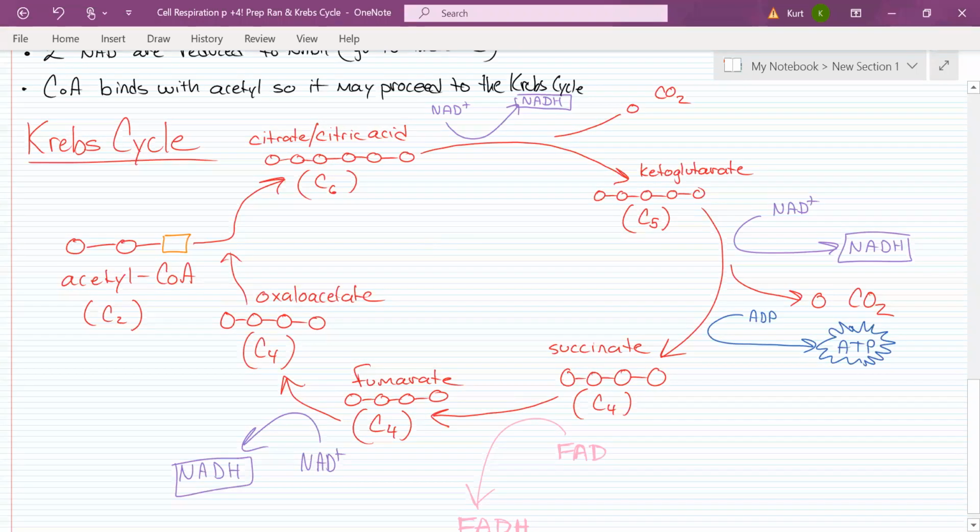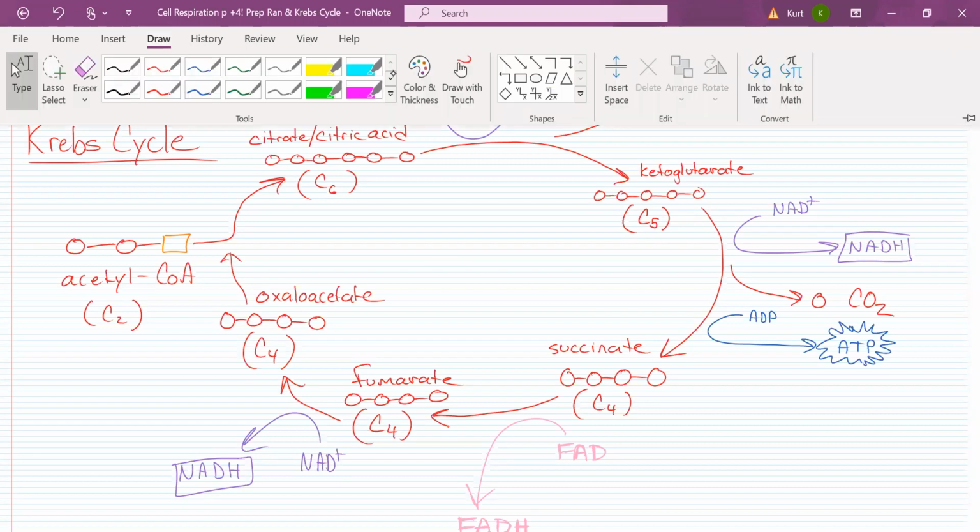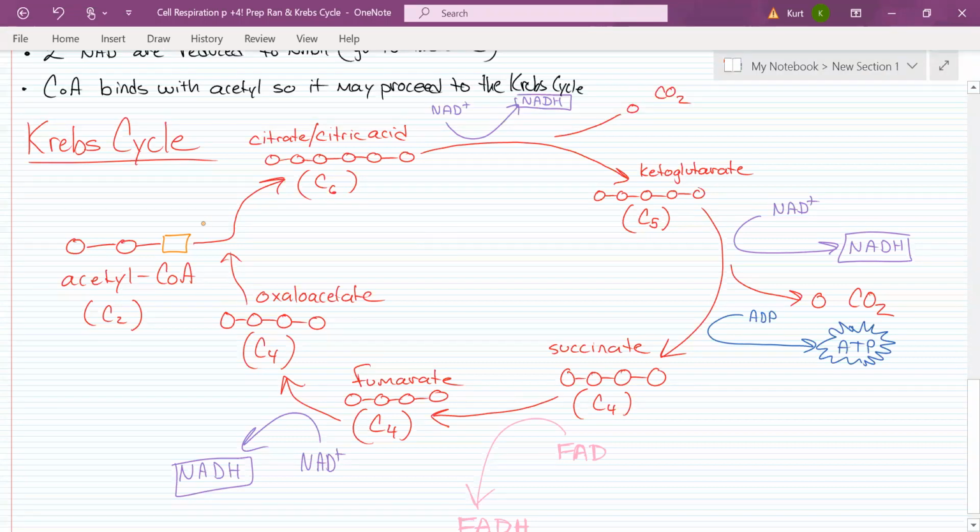One thing I did not mention, I think I should. The coenzyme, guys, this orange square I drew, that leaves, it disconnects, it's no longer part of it, it's done its job. That backstage pass to help it get into the actual Krebs cycle is no longer needed. So it breaks off and gets reused and goes back to the prep reaction.